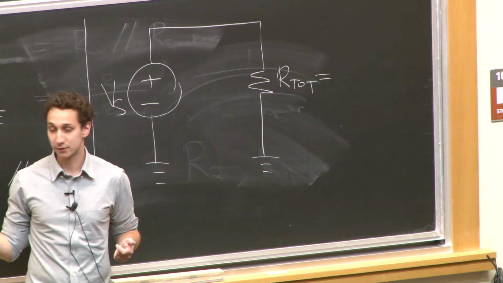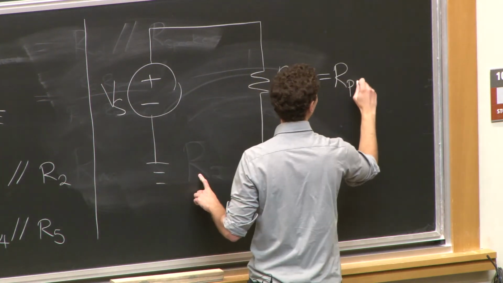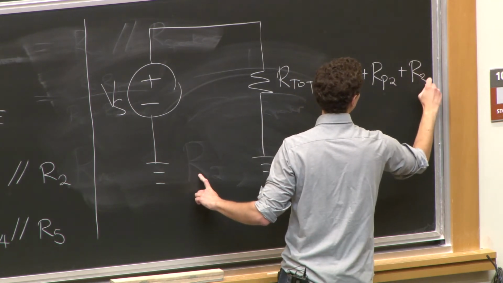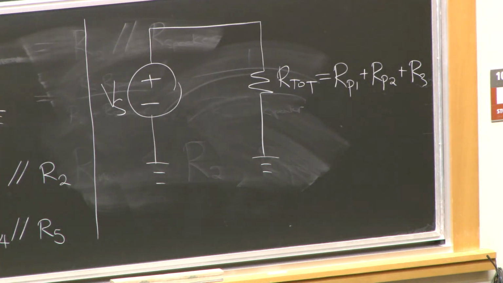As we know from last lecture, resistors add in series. So we've got RP1, RP2, and R3, which is just hanging out from before. Clear? Great. Now we've simplified our circuit to a voltage source and a resistor.